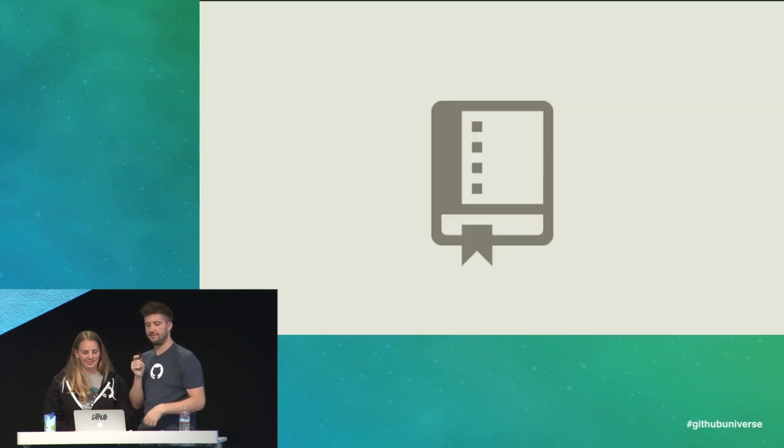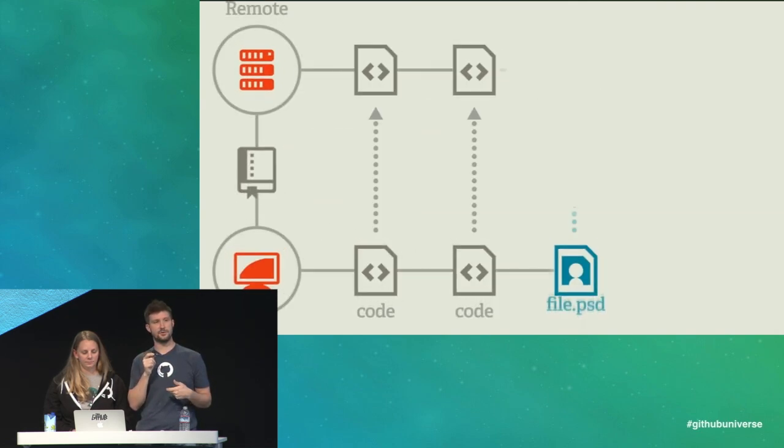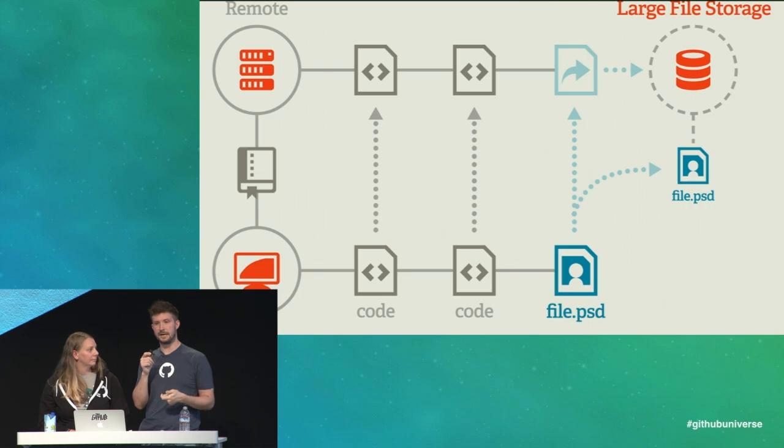So LFS, if anyone doesn't actually know, stands for Large File Storage. This is an open source project that you can download and use on your laptop, and you can configure it to be on GitHub.com for your account or GitHub Enterprise. What's going to happen here, just like we have in this little graphic, is if you have binary files that are not really good to version, but you need to have along with the source code anyway.